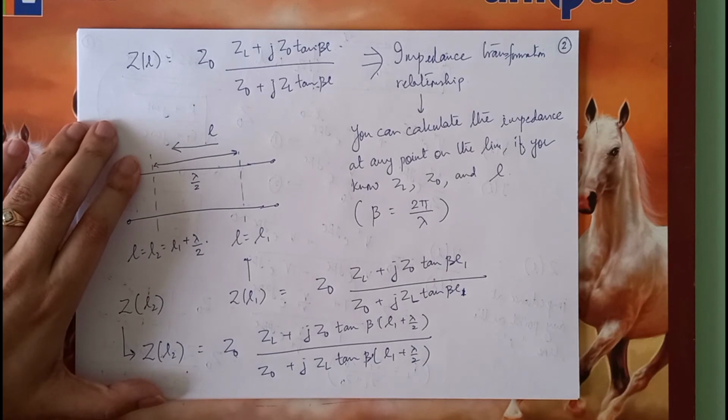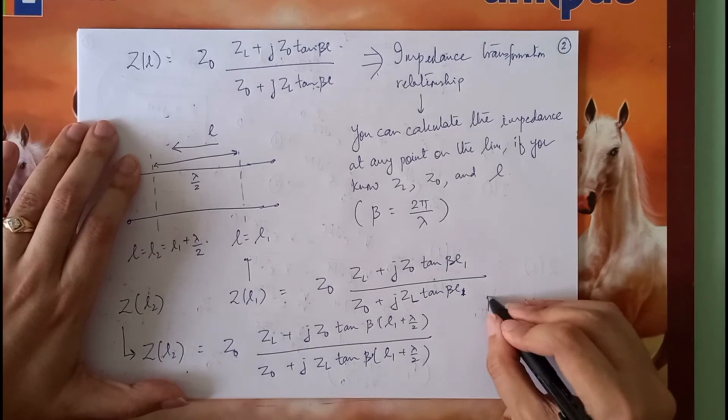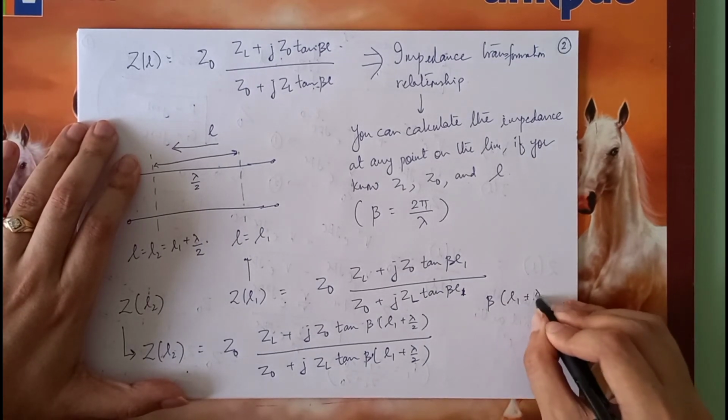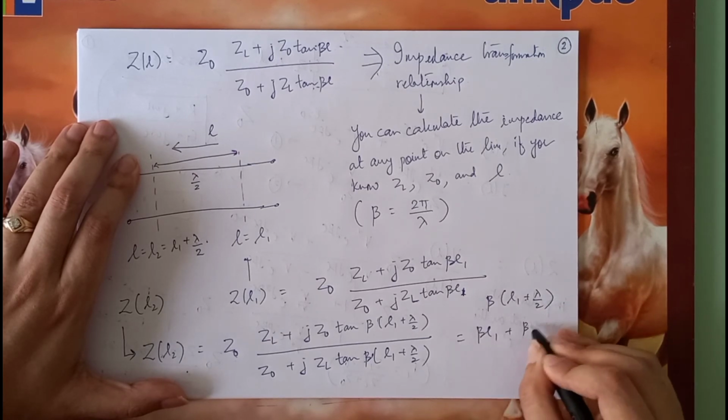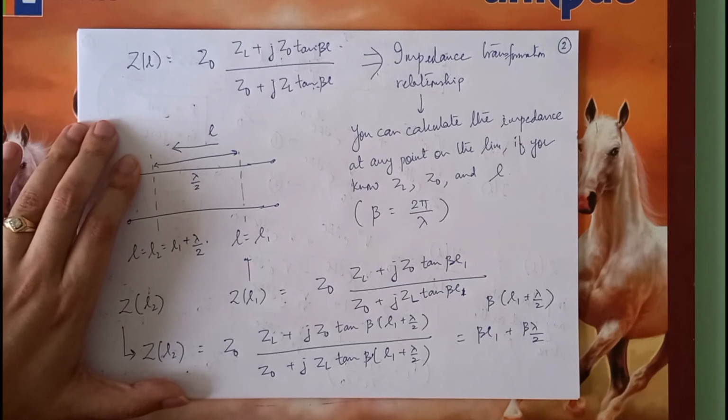Let us open this bracket. Beta of L1 plus lambda by 2 would give me beta L1 plus beta lambda by 2. But we already know what beta is. Beta is 2 pi by lambda. So therefore beta lambda by 2 would be what?